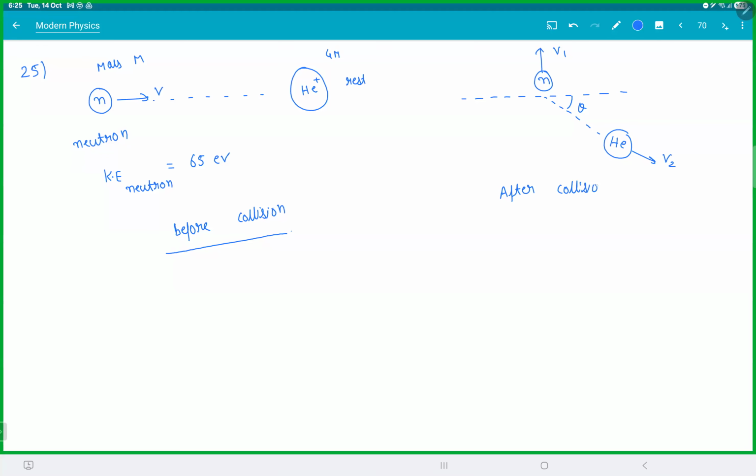We don't know v1, v2, we don't know theta. I'm just giving that. We don't know any of those velocities. v1, v2, theta are unknown.